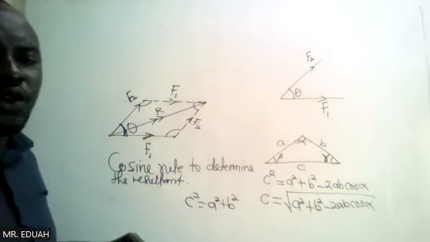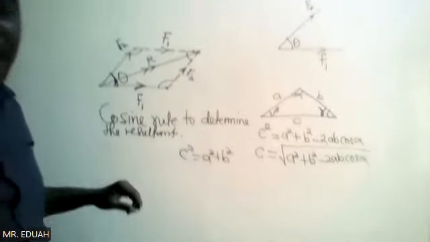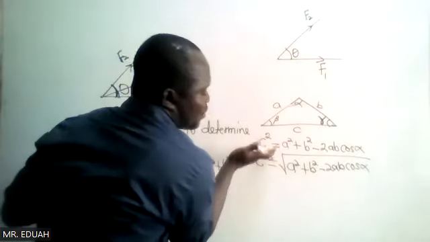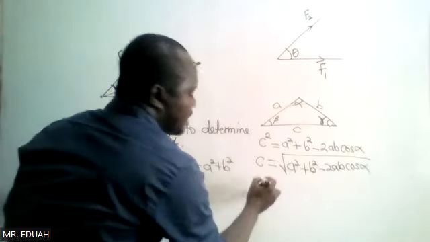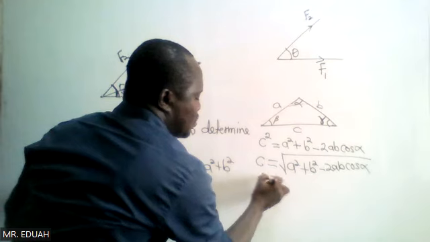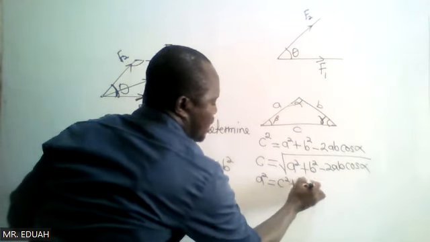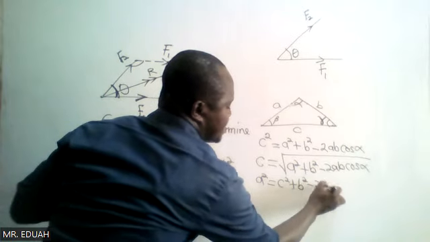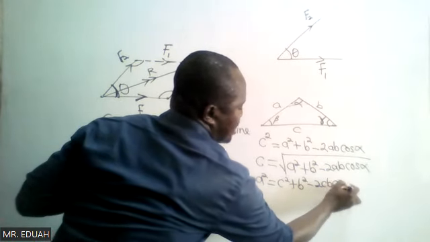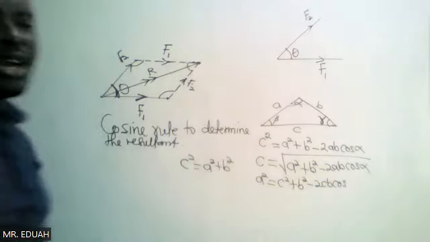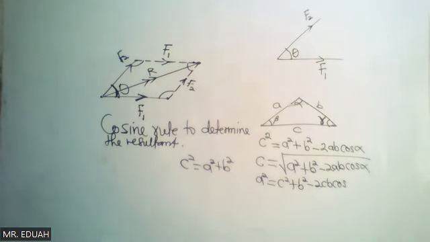For the cosine rule, you go through it as you went through C. So A squared will be equal to C squared plus B squared minus 2 times CB times the cosine of the angle opposite to the side A. And what's the angle opposite to the side A?